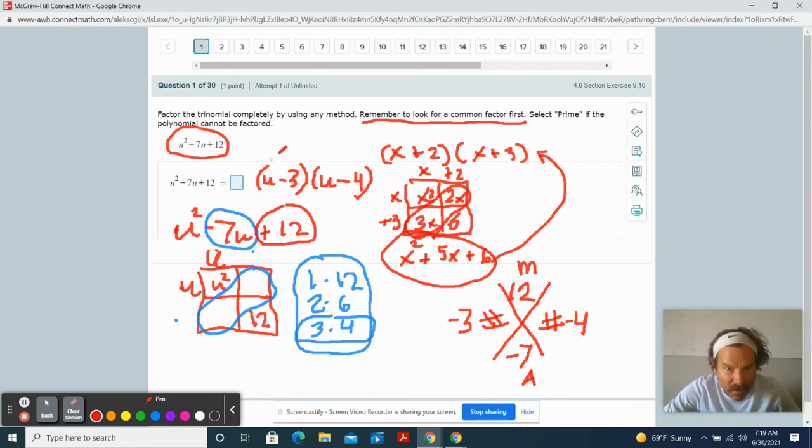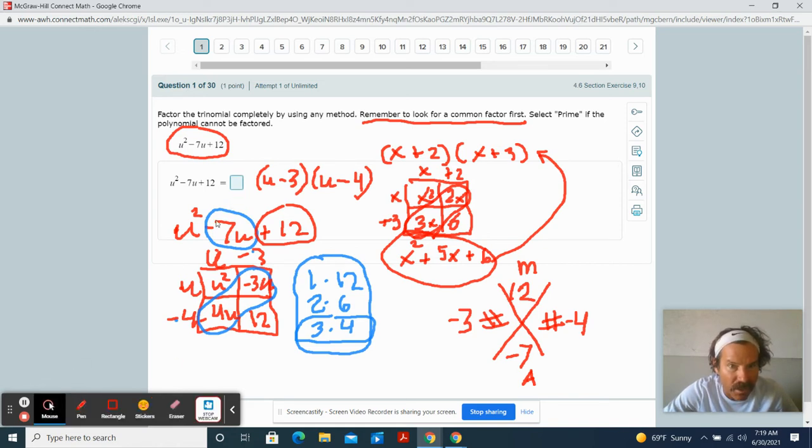And if you wanted to multiply using the box method, you could put in -3 here and -4 here, and this would be -3u. This is just a check to see if you got it right. This would be a -4u, and you would add those two together and you get -7.